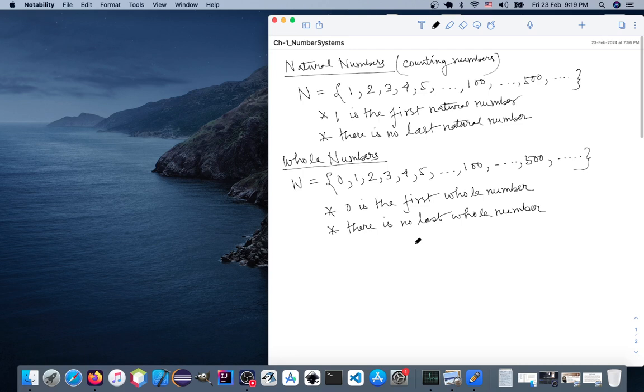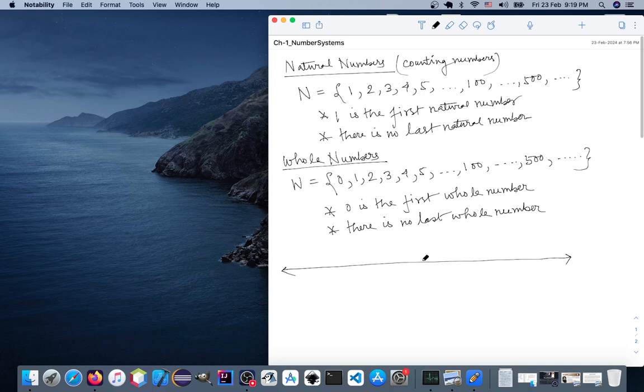Now comes the integers. So the natural numbers and the whole numbers. Okay, so how do we represent the natural numbers or the whole numbers on the number line? So we draw a line and we put an arrow on both the sides, meaning this line actually extends infinitely on both the sides.